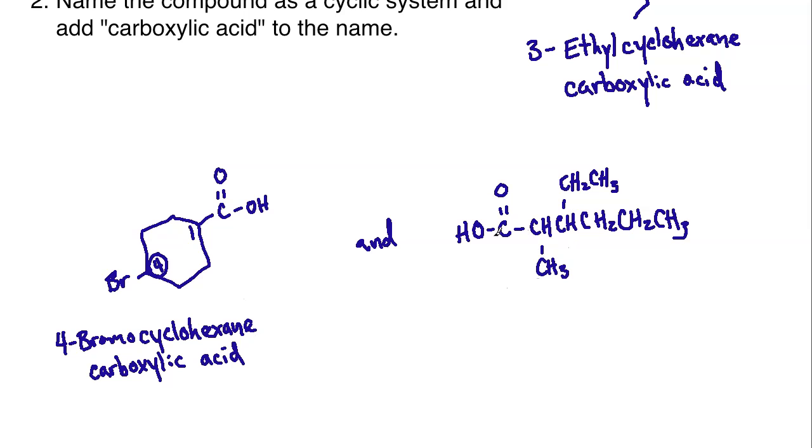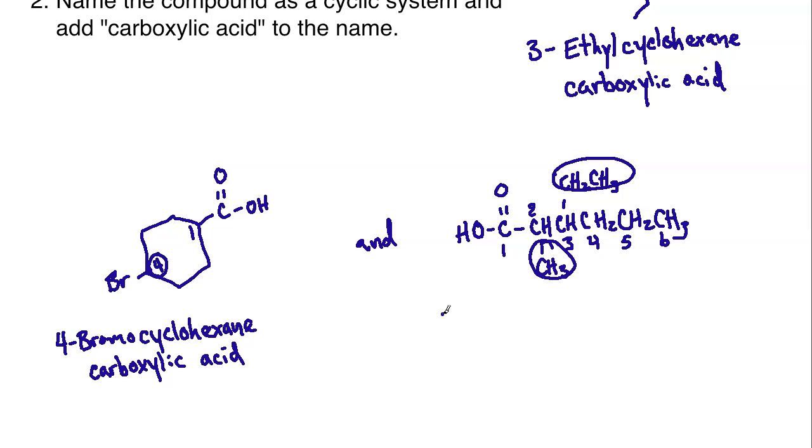Okay, so if I come over here, the numbering starts from the carbonyl that has the carboxylic acid. So this is 1, 2, 3. Now if I go up this way, it would be 4, 5. If I go this way, it would be 4, 5, 6. So you want to go for the longest parent chain, 4, 5, 6, which means in position 2, I'm going to find a methyl group, and in position 3, I'm going to find an ethyl group. So remember, you're alphabetizing this.